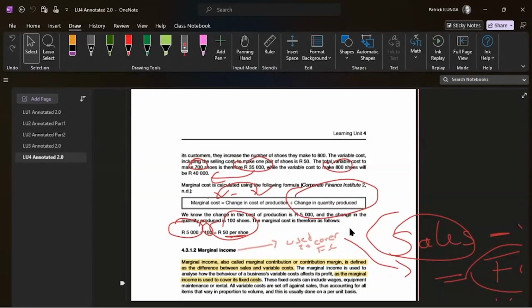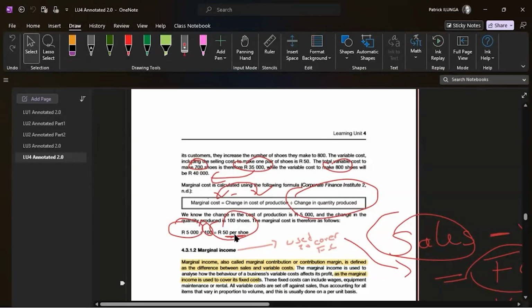How has it also been increased from 35,000 to 40,000? What is the quick difference? You can make that quick difference: 5,000. So you can find the marginal cost very quickly. How do you do it? 5,000 divided by 100. How much does it give you? 50 Rand. That's the marginal cost.